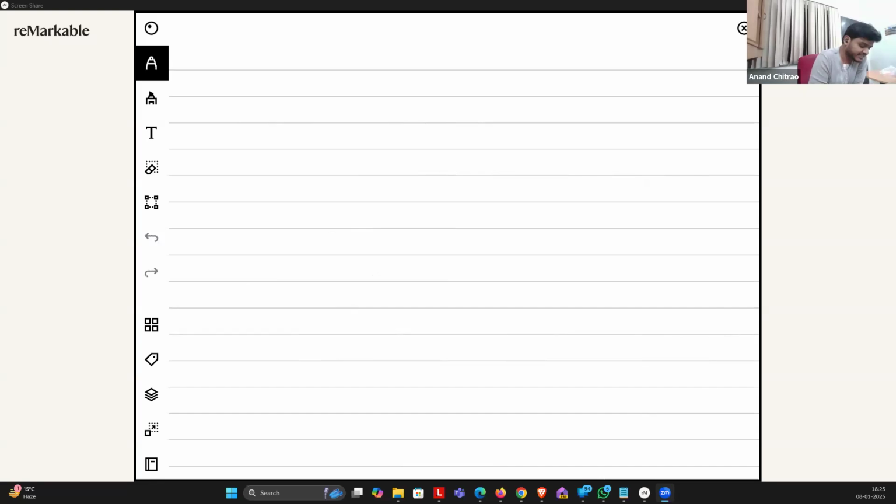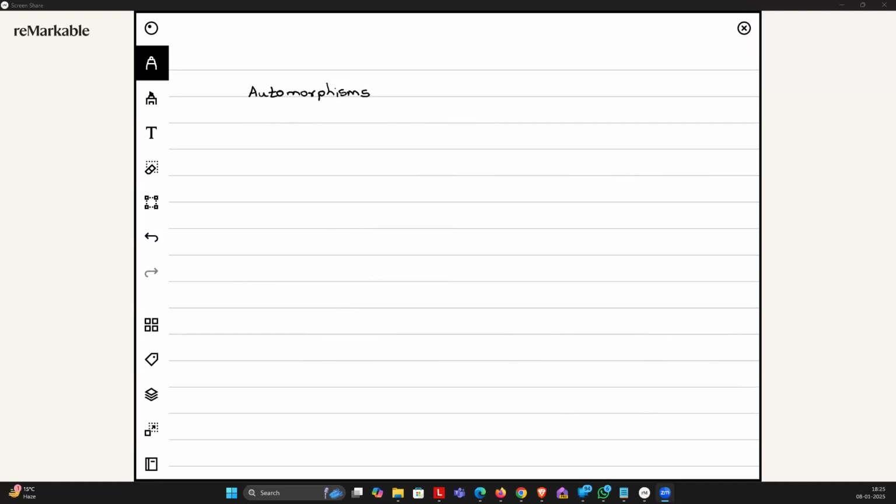Now, this leads into automorphisms. So what are automorphisms? Isomorphisms from the same group to itself. Now that we have homomorphisms, we can put some set theoretic conditions on the maps, right? The map needs to be injective, the map needs to be surjective, and whatnot.